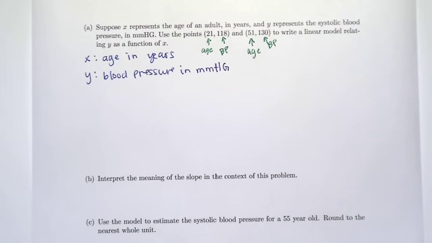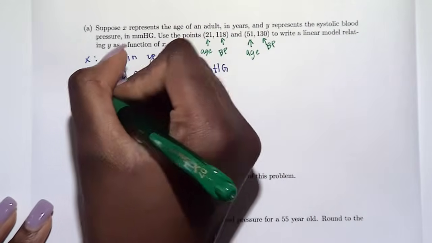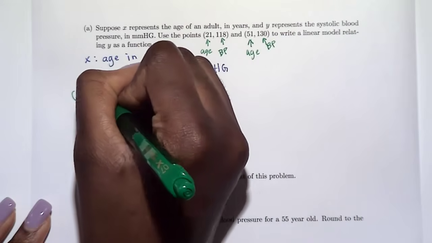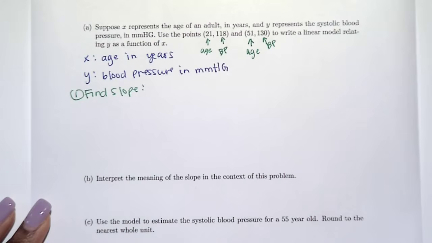How are we going to write an equation of a line if this is all that we know? Well, we have 2 points, so that's part of what we need. We need a slope and a point to create a line. So we can find the slope from 2 points. All right, so how do we do that?